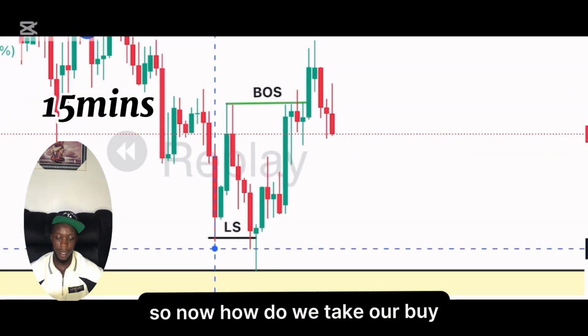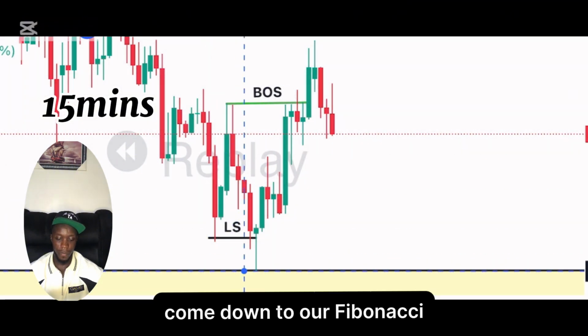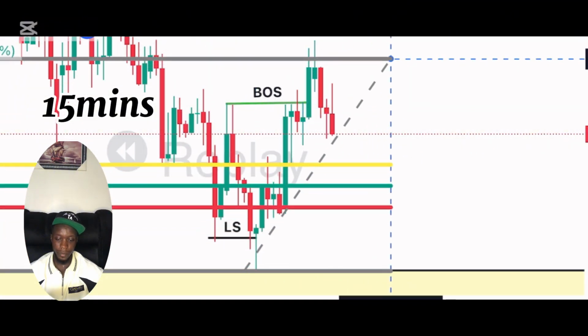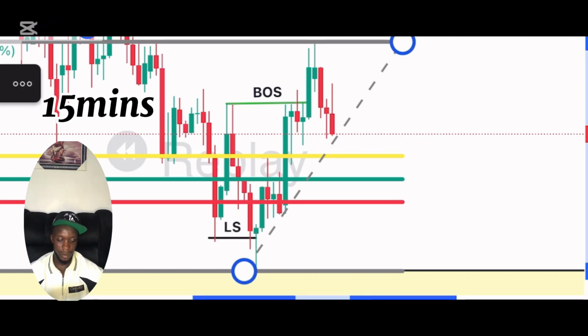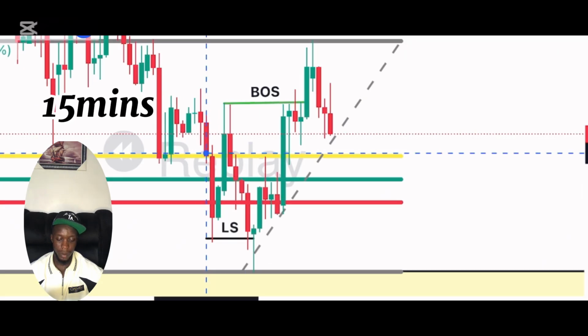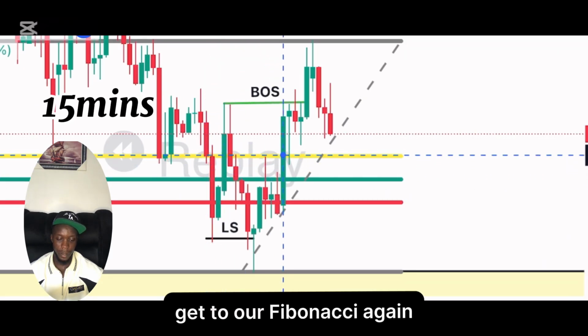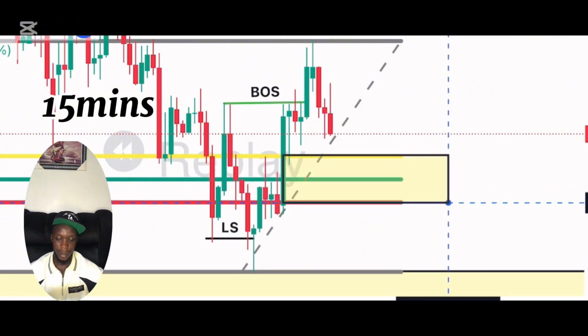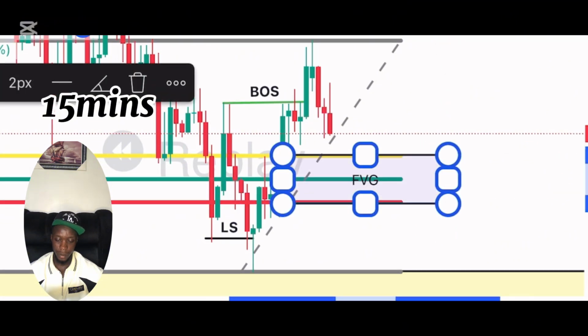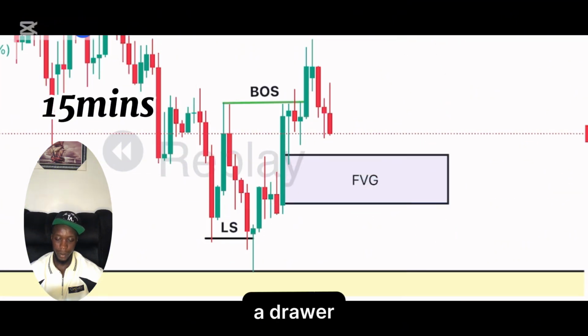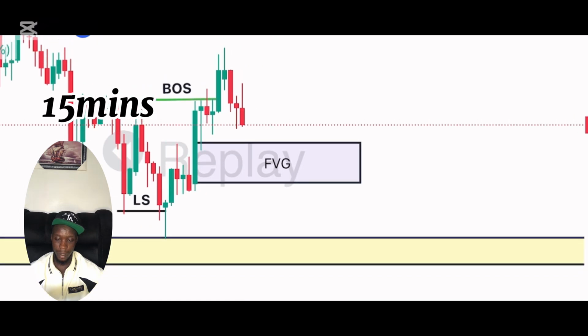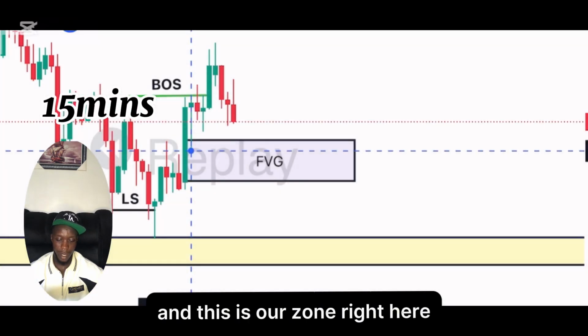So now how do we take our buy? Come down to our Fibonacci. Hold on. Get to our Fibonacci again. We draw, and this is our zone right here.